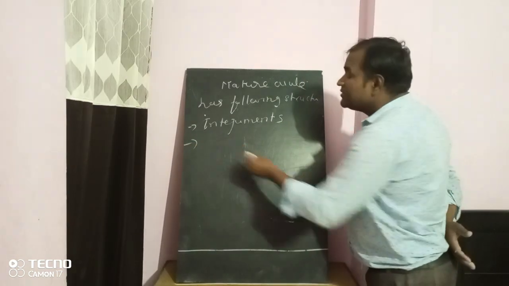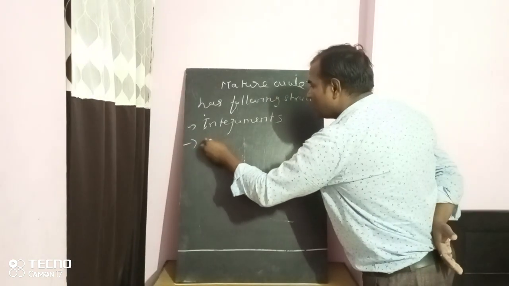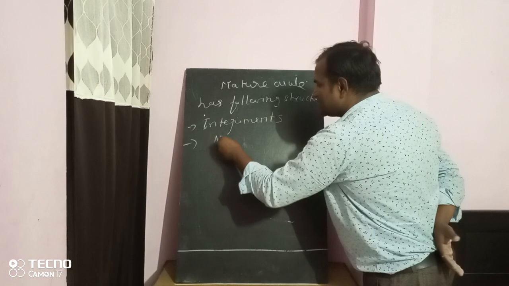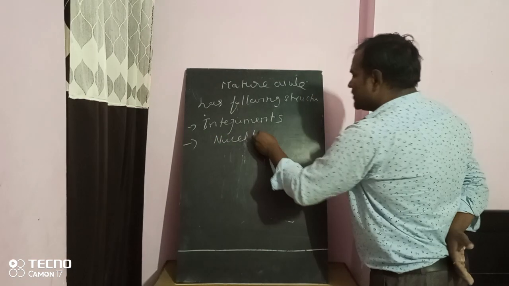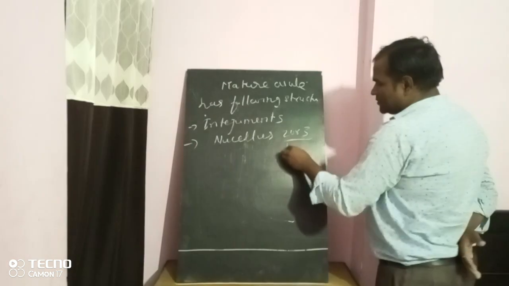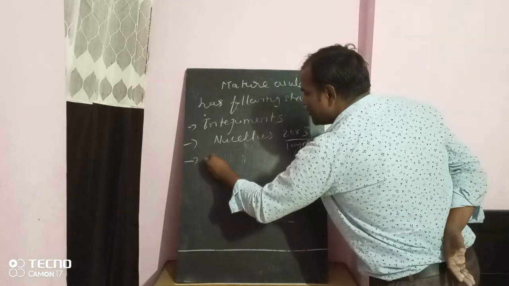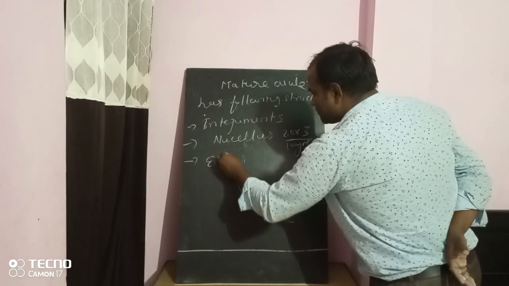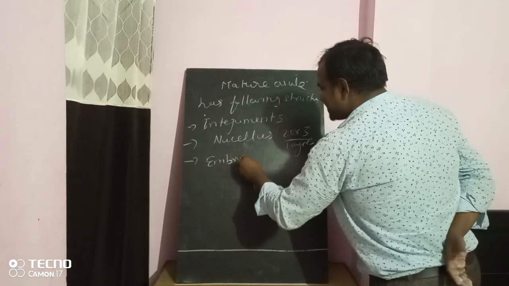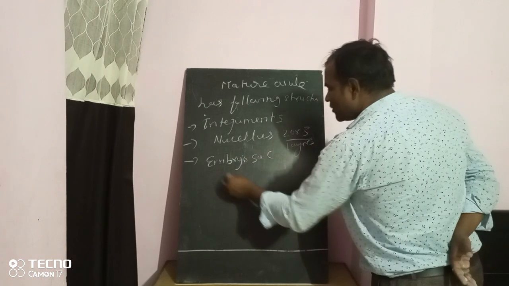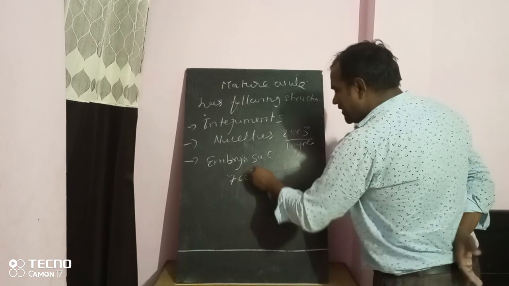Inside, the complete circular coat is called the nucellus, of two to three layers. Inside this is one embryo sac, which is seven-celled or eight-nucleate.